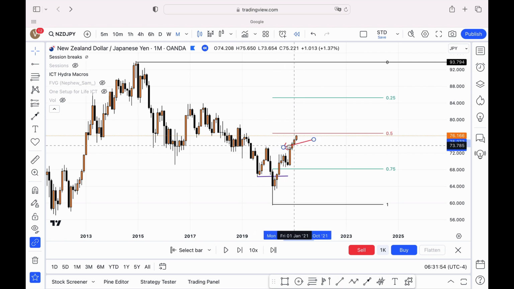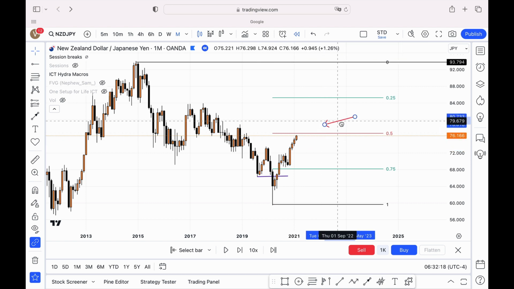You have a little fair value gap right there. But let's just say all you're looking for is that stop hunt. You're looking for the point where orders are just grabbed and the price moves in the same direction. So orders are grabbed, they take your orders, and then they just carry on going. It's likely to happen at this midpoint. So let's see what happens.